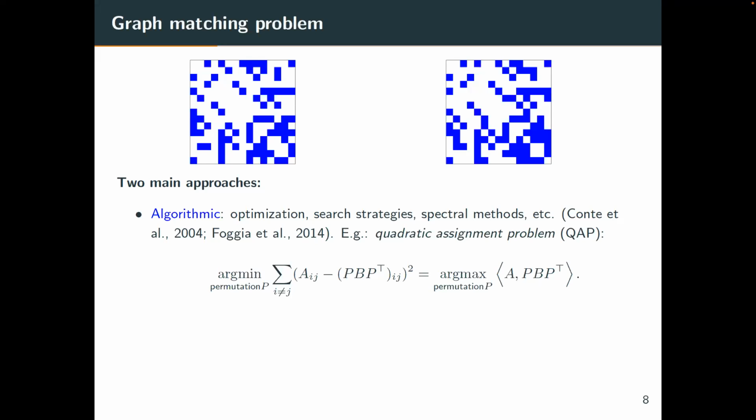This is not the actual definition, but these are equivalent formulations because some terms here are going to be constant. In this case, it's kind of obvious what we're computing because we're just taking the number of edge disagreements, but typically the formulation is stated in this way. So we just want to solve this quadratic assignment problem in order to find P.